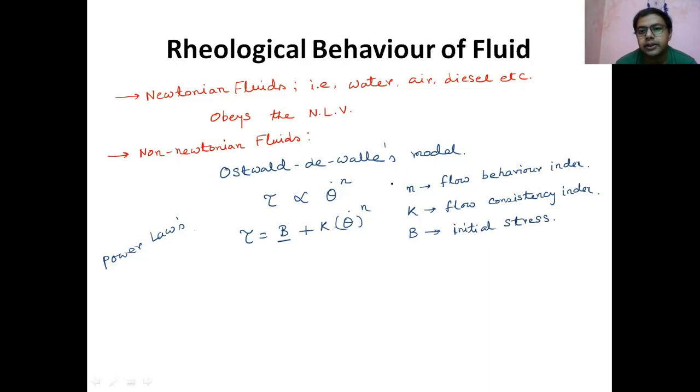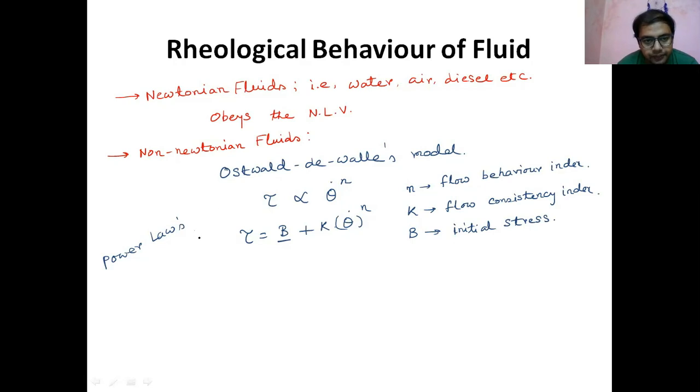From here we categorize the fluids. From the ideal fluid definition, we do not need to give any initial stress. If you give a small amount of shear stress, it will automatically start to flow. That is the definition of a fluid we know.